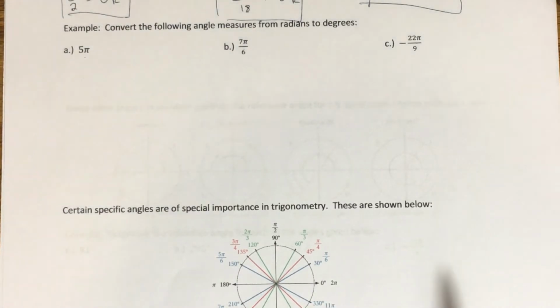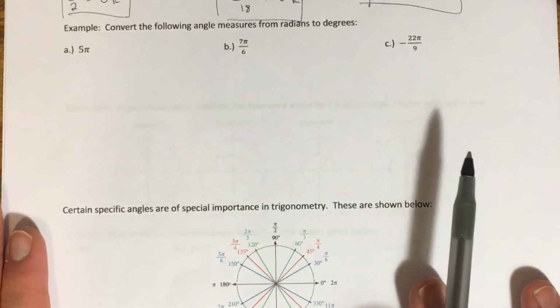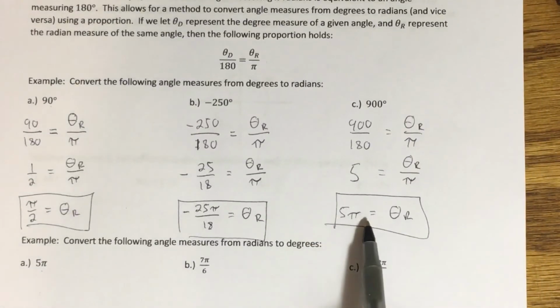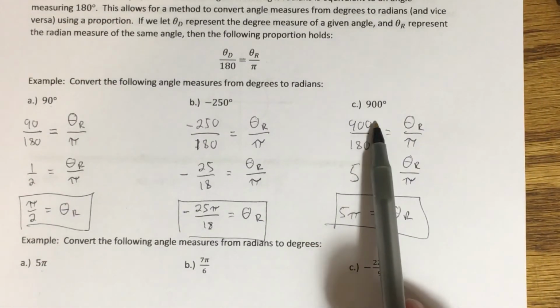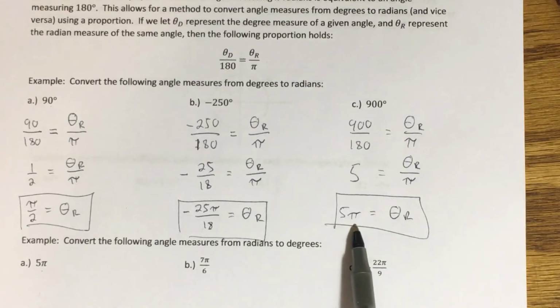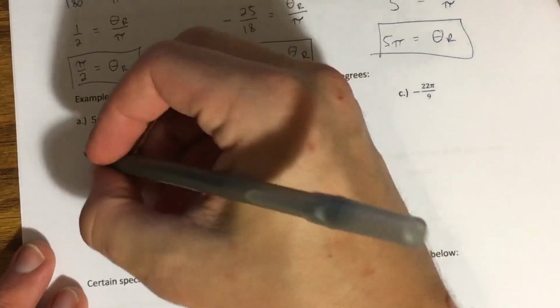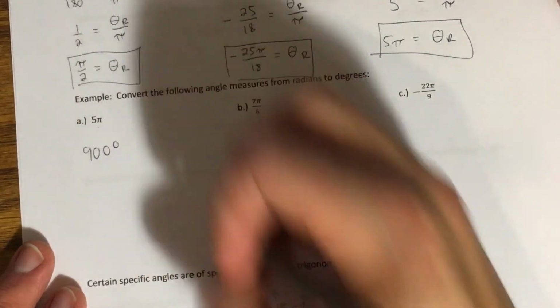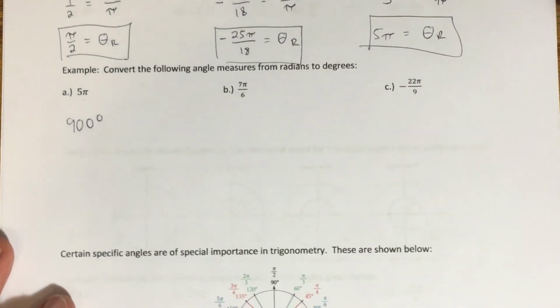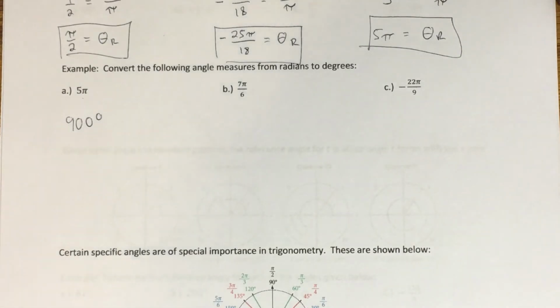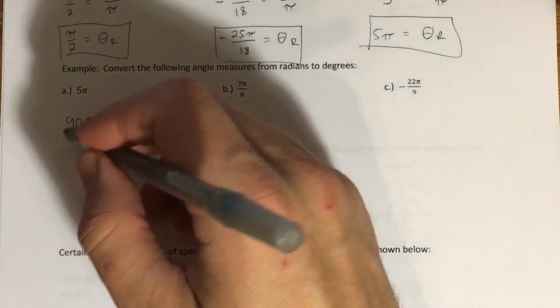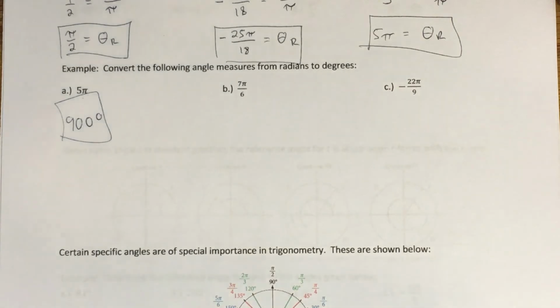I believe the phrase is work smarter, not harder. So over here, we found that a 900 degree angle is equivalent to a 5 pi radian angle. Well, there's 5 pi. Without doing any work, I know that the degree measure that corresponds to that is 900 degrees. No, it's not cheating if I already did the work somewhere else. So that's it, 900 degrees. 7 pi over 6, we don't know that one yet.